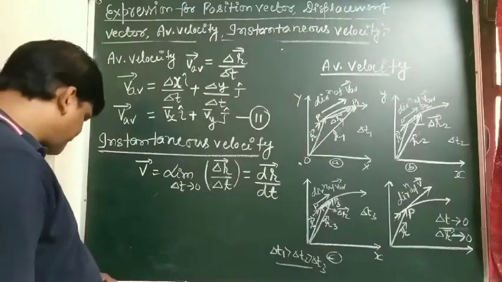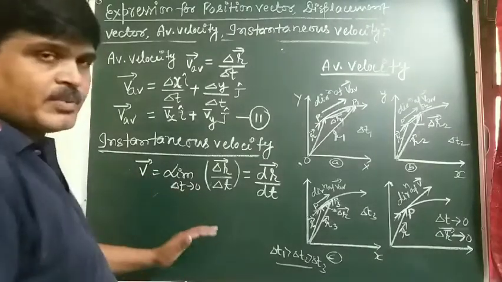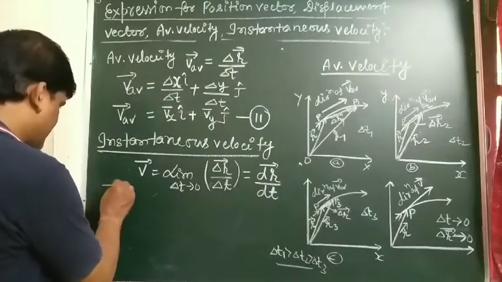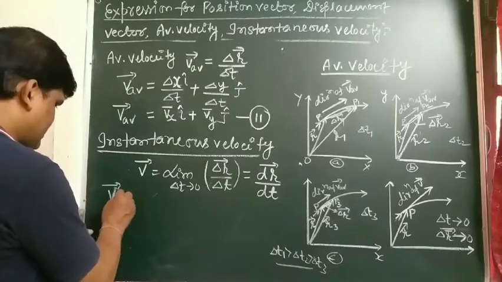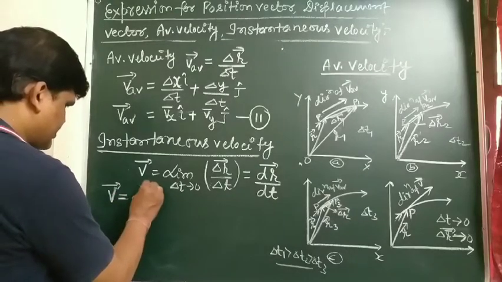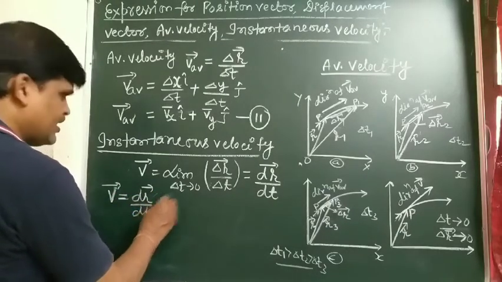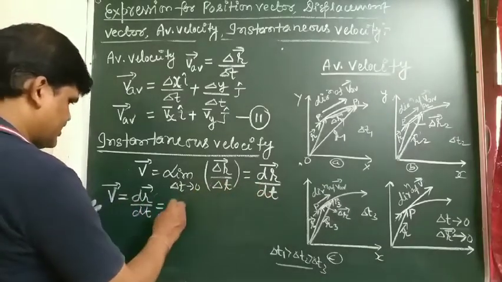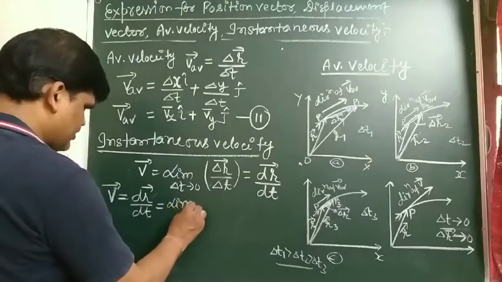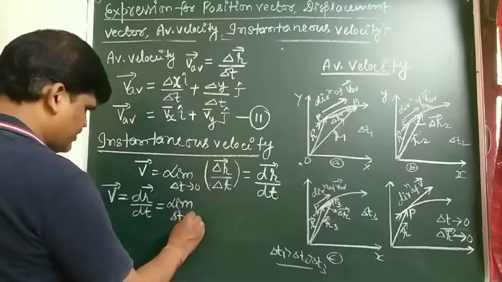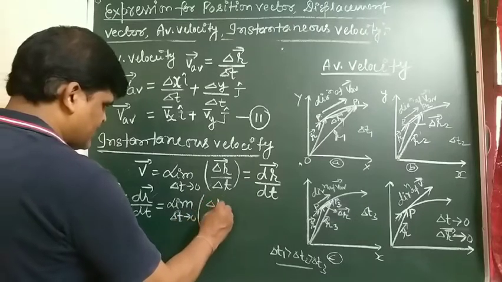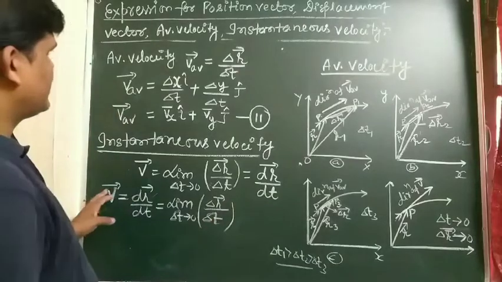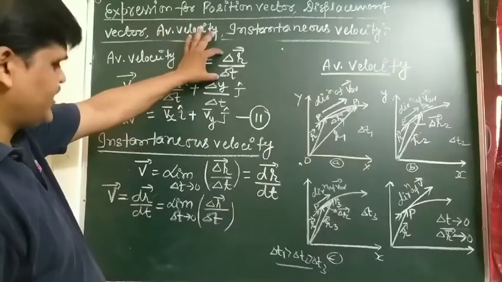And student, in terms of rectangular components, V, that is dr by dt, the instantaneous velocity, can be written in this form: limit delta t tends to 0 of delta r by delta t.